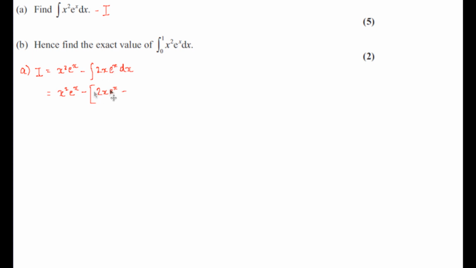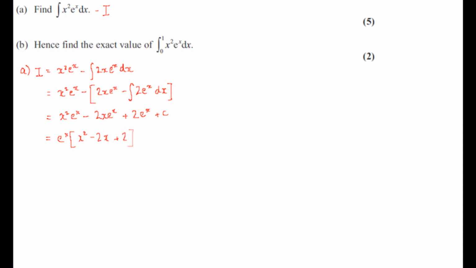So the first part stays as it is. We integrate e to the x, which is e to the x, and we take away the integral of: differentiate 2x, we get 2, and integrate e to the x, we get e to the x, and integrate that with respect to x. And we get that when we take the brackets out, and then don't forget, add the c, it's indefinite.